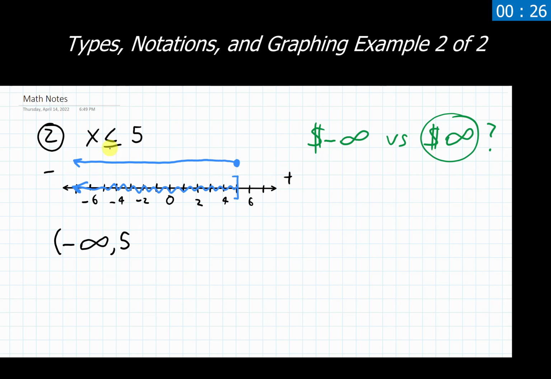So this less than or equal to tells me that I'm going to have a bracket, which means I can include 5 as a possible answer. We can also reference the graph that we have written out if that would be helpful. But either way, we should come to the conclusion of having a bracket right next to the 5. And here's how we graph and rewrite the inequality x is less than or equal to positive 5.